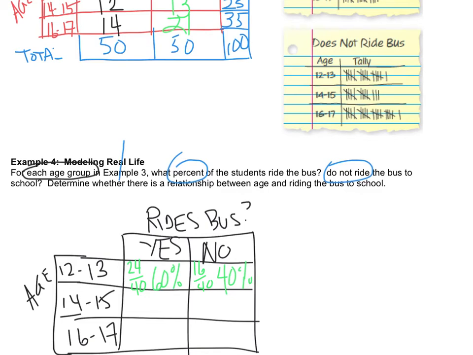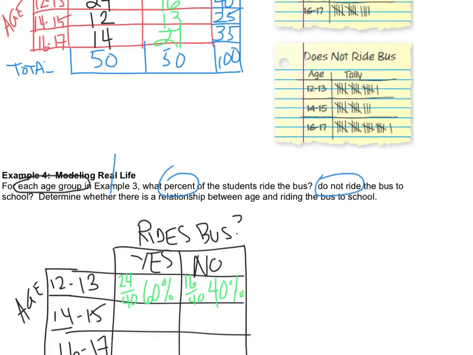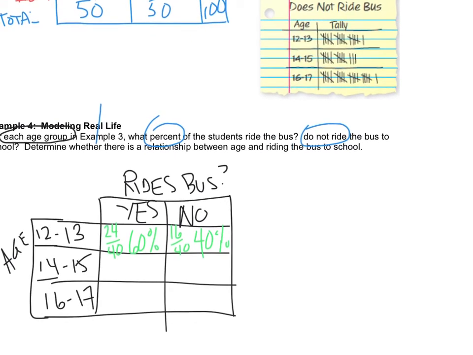When I move on to the next group, let me change my color here. My next group, the 14 and 15-year-olds, let me scroll back up. We have 12 out of 25 that take the bus.